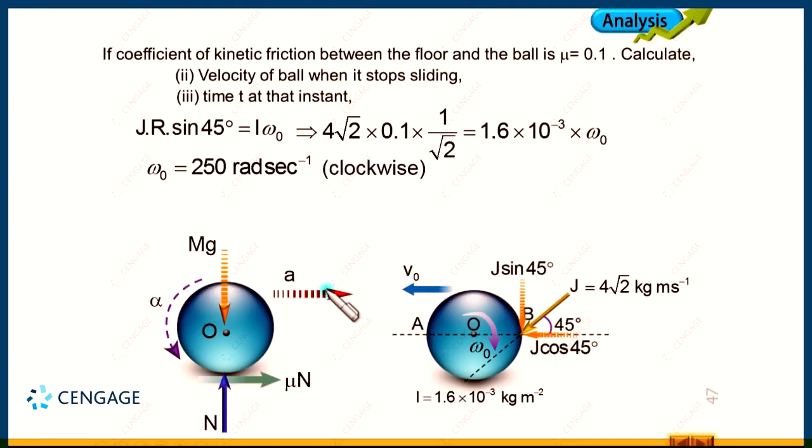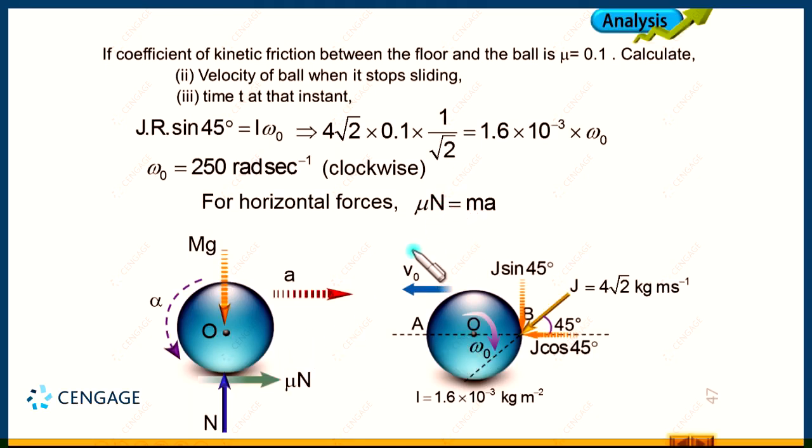Suppose this acceleration is a, then mu multiplied by n equal to m a. This is the force equation in the horizontal direction. So in the horizontal direction, we can write mu n equal to m a. Right? We can substitute the value of mu, given as 0.1, and m is 0.4 and g equal to 10.